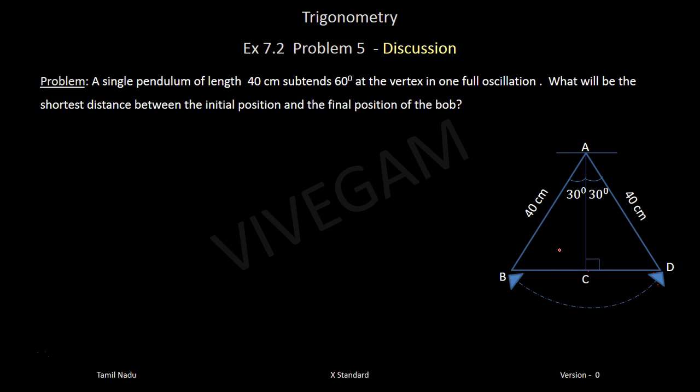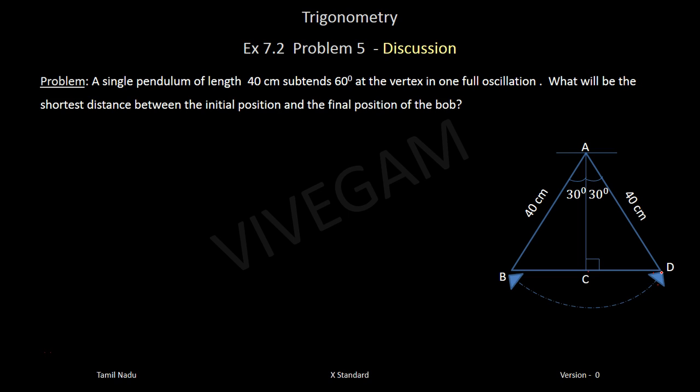It won't go 30 degrees on one side and 40 degrees on the other. So this angle is 30 degrees and this angle is 30 degrees. Got it? We also know that the length of the pendulum is 40 centimeters, so the lengths AB and AD are 40 centimeters.